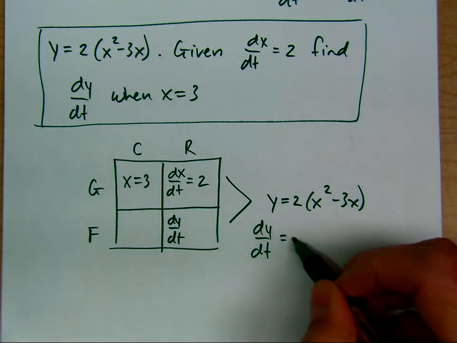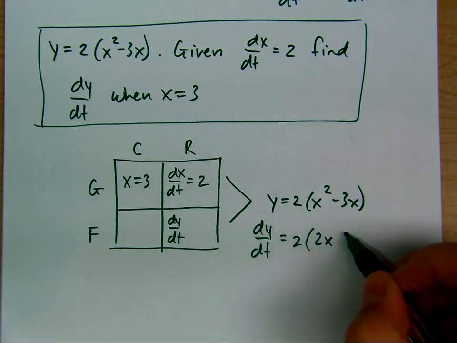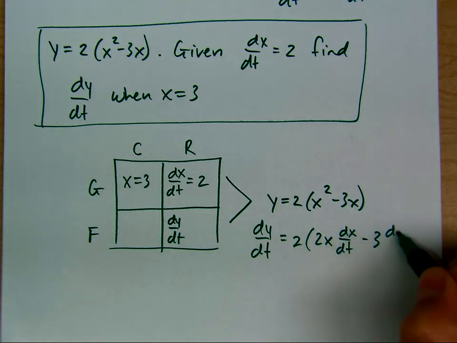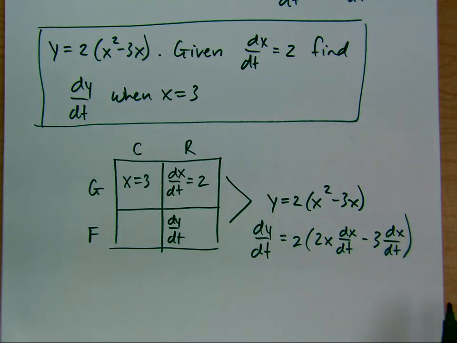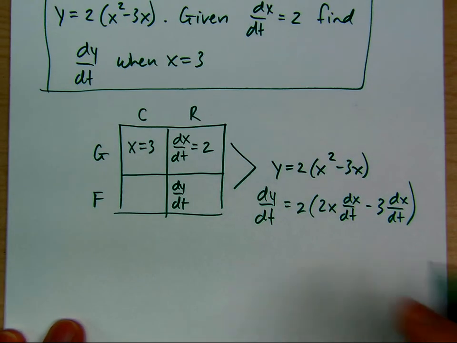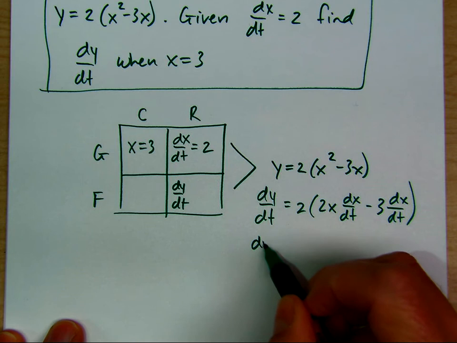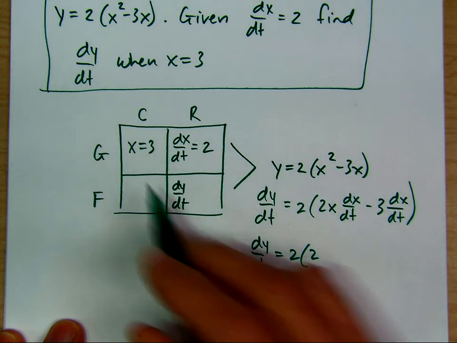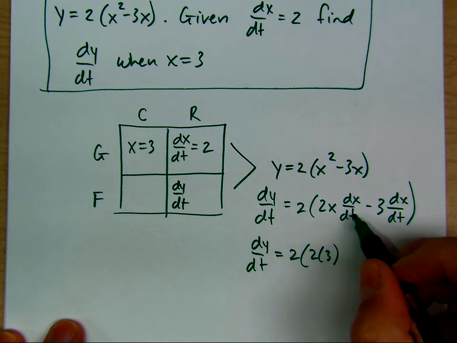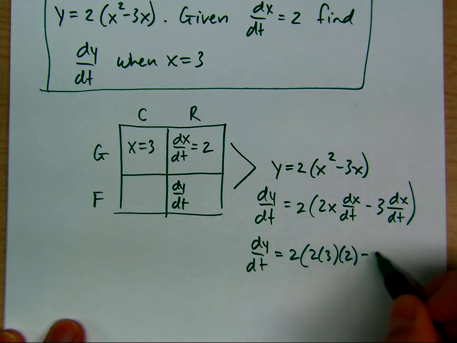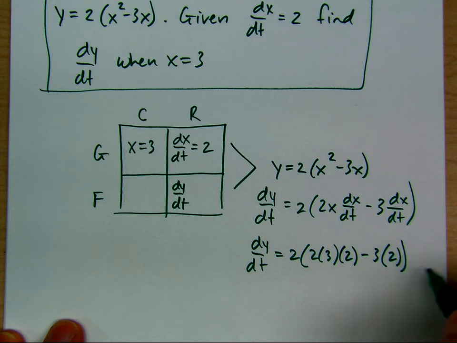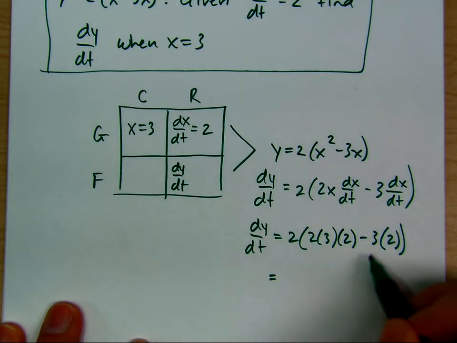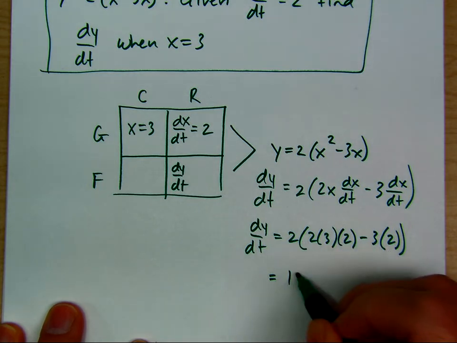Let's do the derivative of this: 2x dx/dt minus 3 dx/dt, and we want to solve for dy/dt. We just substitute x is 3, dx/dt is 2, and we have 4, 12 minus 6. 6 times 2 is 12.